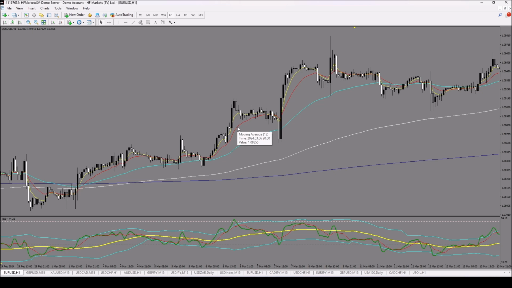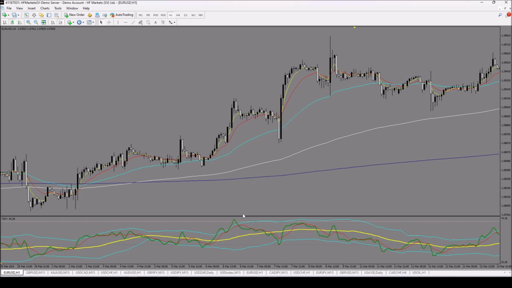The red, period 13, the blue, period 50, then the white, period 200, and then last but not least, period 800 in dark blue. These indicators help us to segment the markets, to see how the markets are flowing.